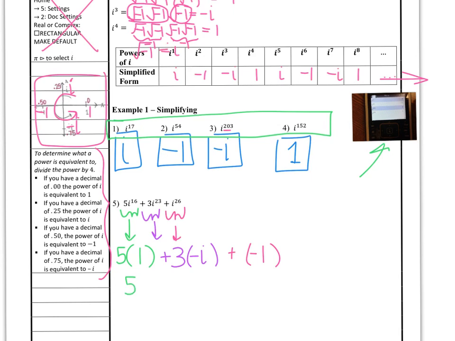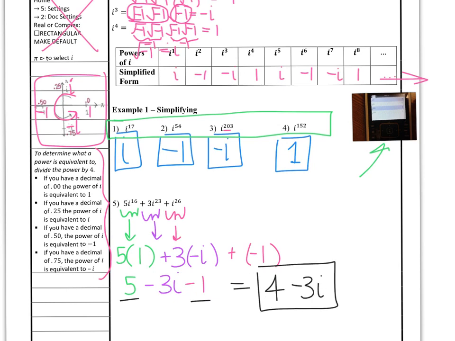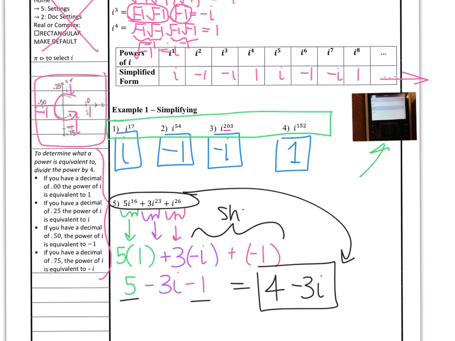This gives me 5 minus 3i minus 1. Then we want to combine any like terms. So 5 and negative 1 combine to become 4, and then we carry along the minus 3i. Sometimes you can do this as a multiple choice question and just type the whole thing in. Other times you might have to show your work, which is this piece here.